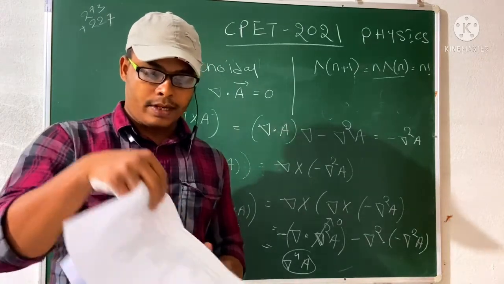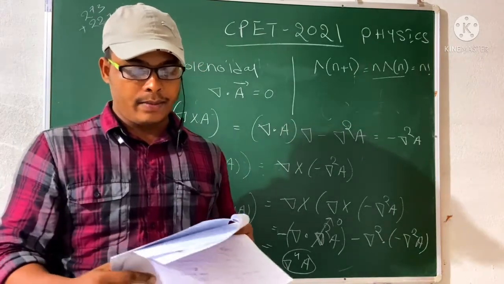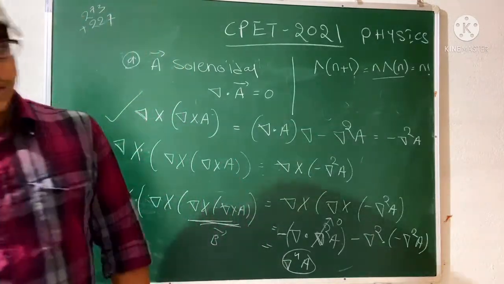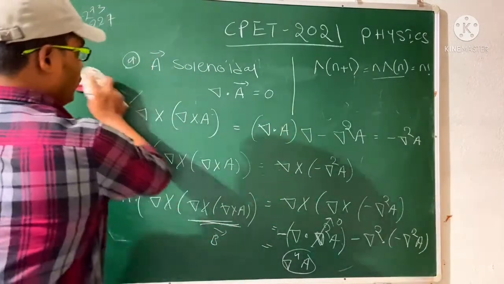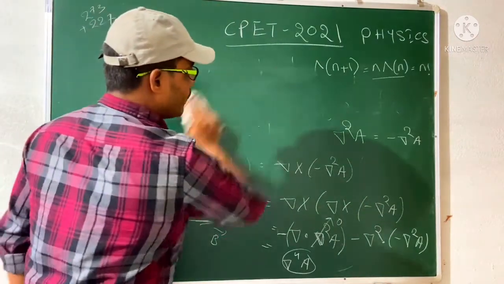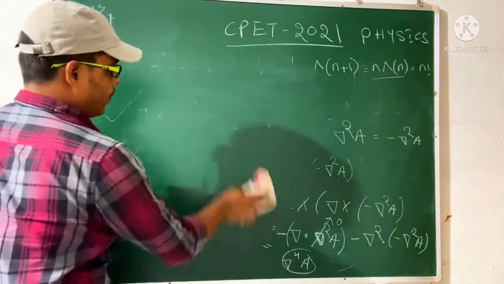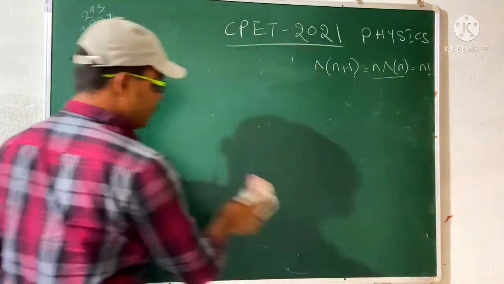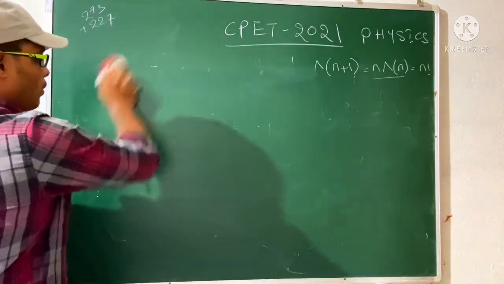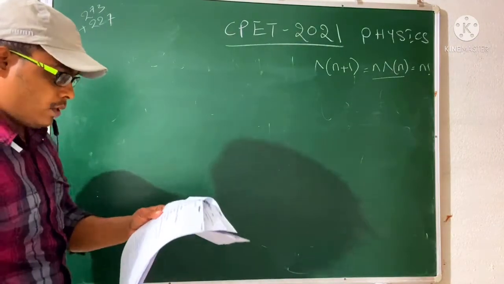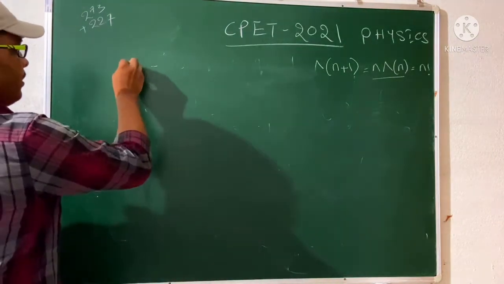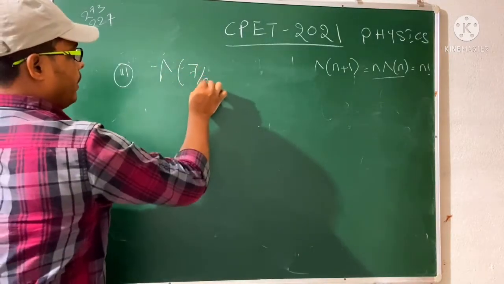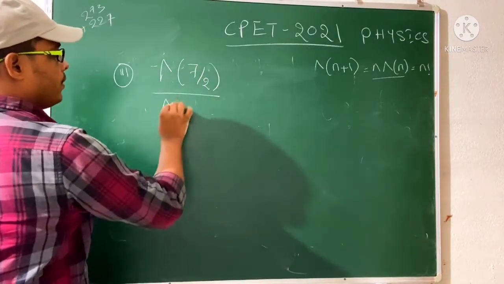Now we will go to question number 11. Find the value of gamma of 7 by 2 divided by gamma of half. This is also the same technique used for the gamma function, that is gamma of n plus 1 equal to n into gamma n. That formula we will use to solve this question.